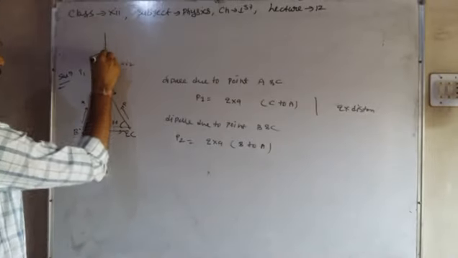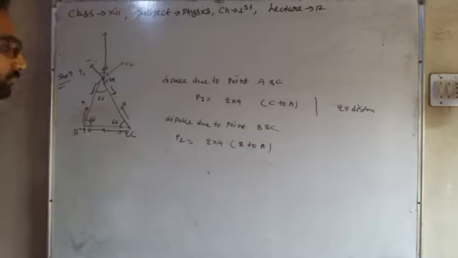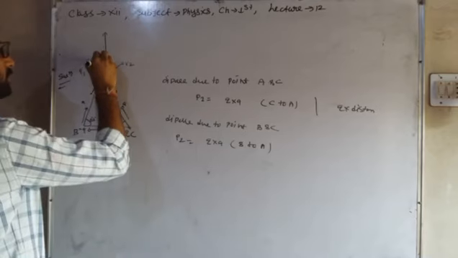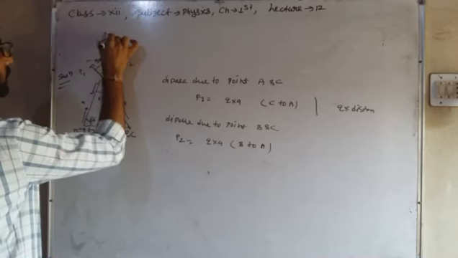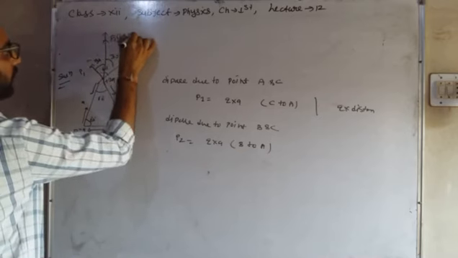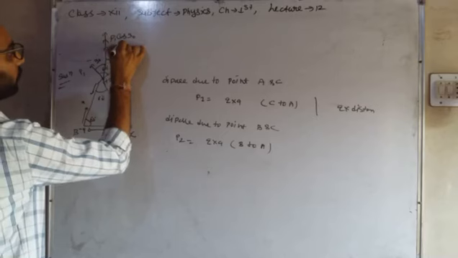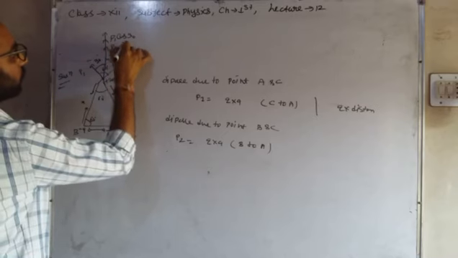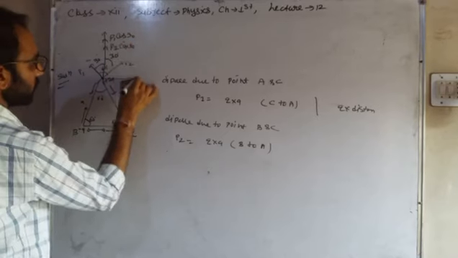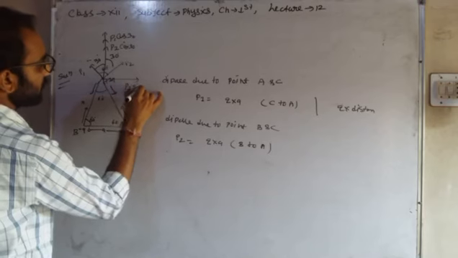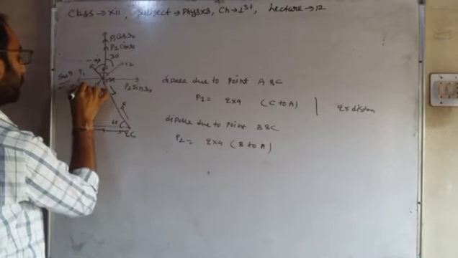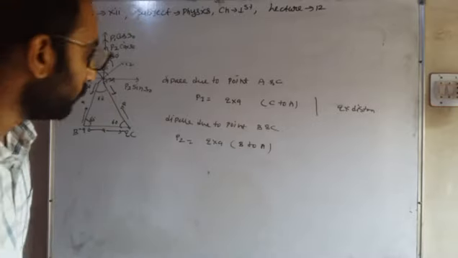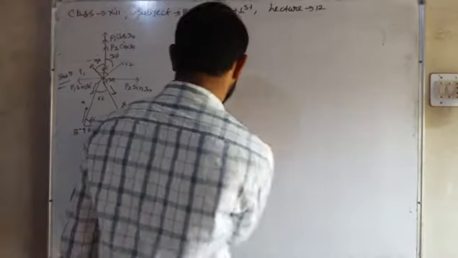Consider this angle is 30 and this one is also 30. Then the components are P1 cos 30 and P2 cos 30, and in this direction P2 sin 30 and P1 sin 30. Correct or not?